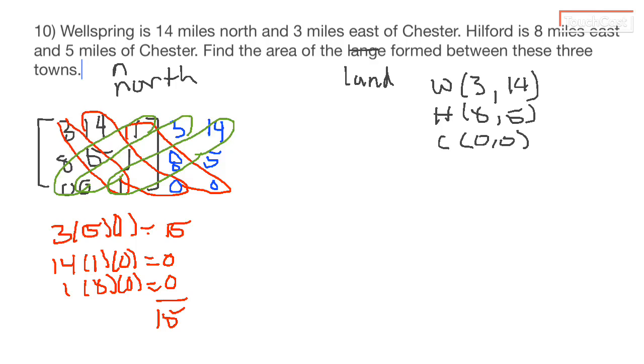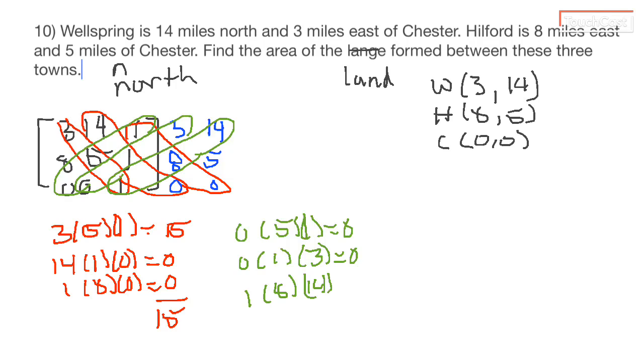And then we can go 0 times 5 times 1, which is 0. 0 times 1 times 3, which is 0. And then 1 times 8 times 14, which is 112. So our determinant is going to be 15 minus 112, which is going to give us negative 97.